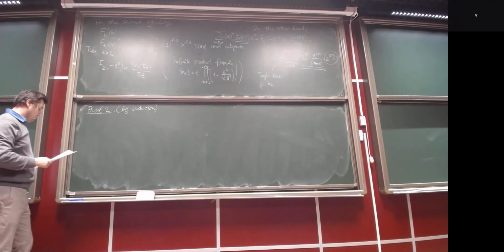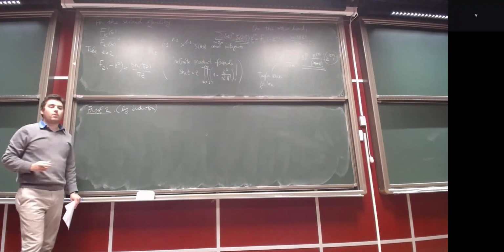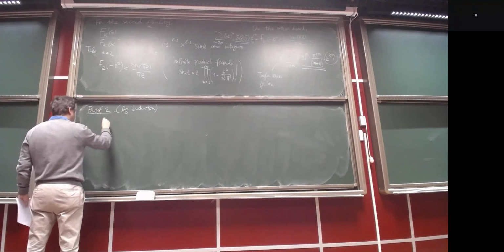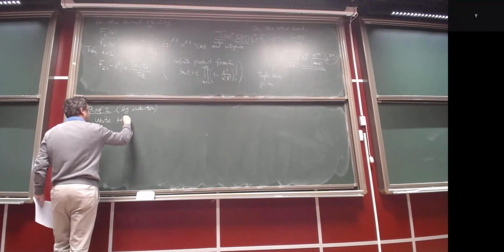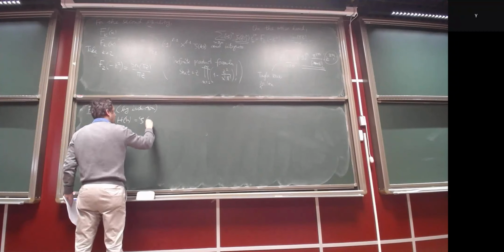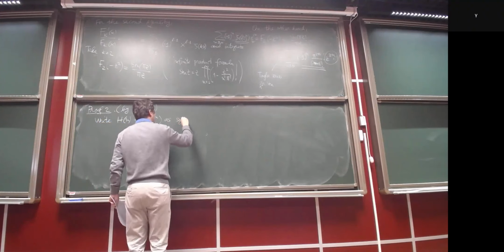So basically, I will write this as a symmetric sum, right? Write h_n, write zeta of 2 as symmetric sums.